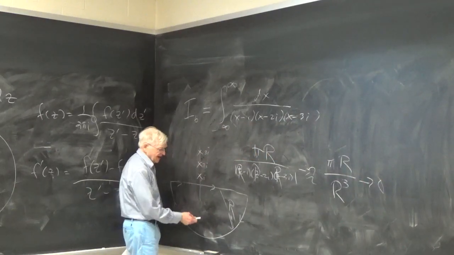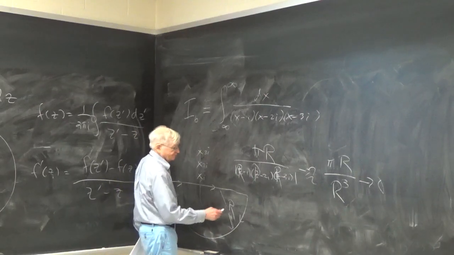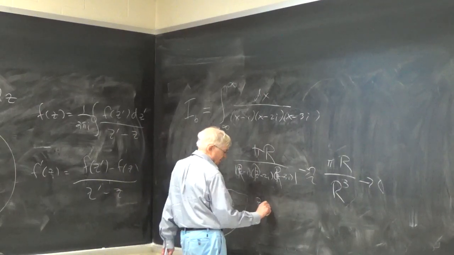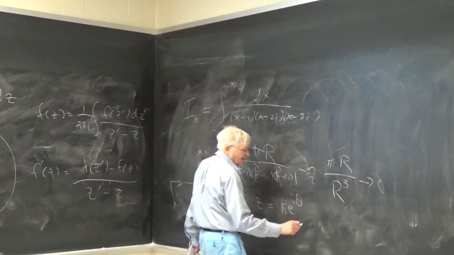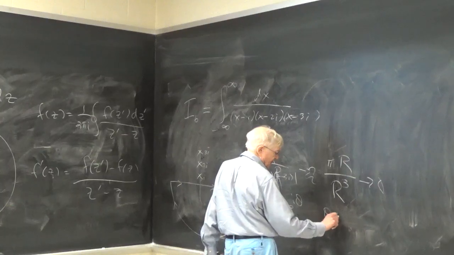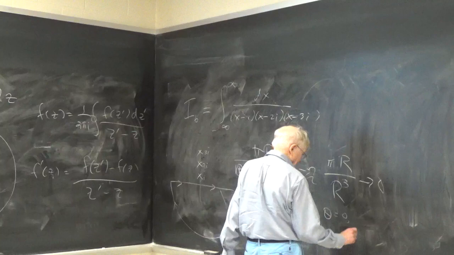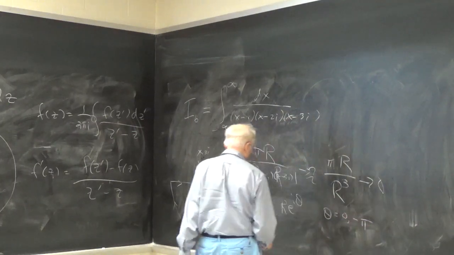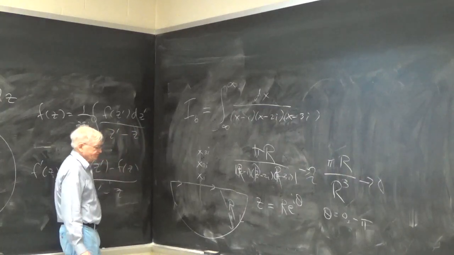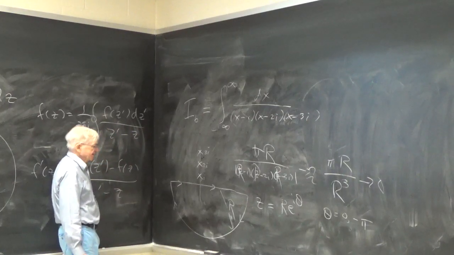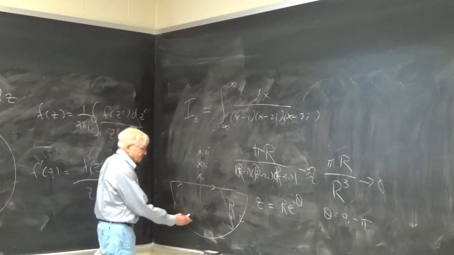So in other words, you can add a ghost contour where z equals r e to the i theta, and theta goes from 0 to, I guess, minus pi, from 0 to minus pi, and anyway, that extra ghost contour is 0.